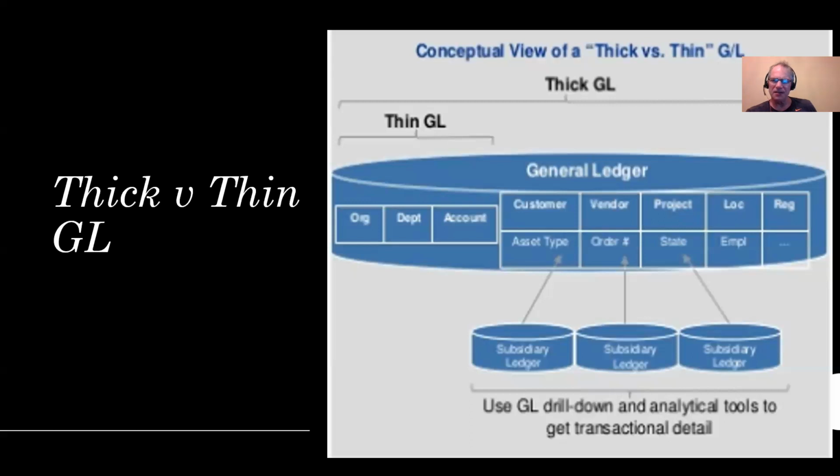A thin GL can be used in conjunction with the enterprise profitability management product, which has data standardized from each operation. So again, a thin GL will have a minimal chart of accounts, a very short list of costs, a short list of natural accounts. It'll have a low number of optional segments, and it'll have infrequent posting.